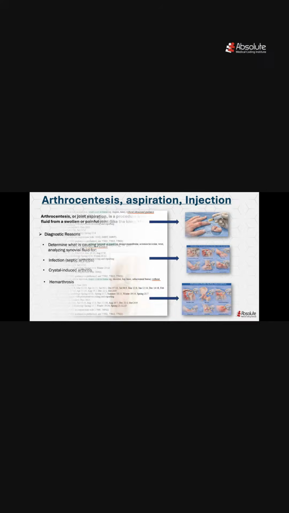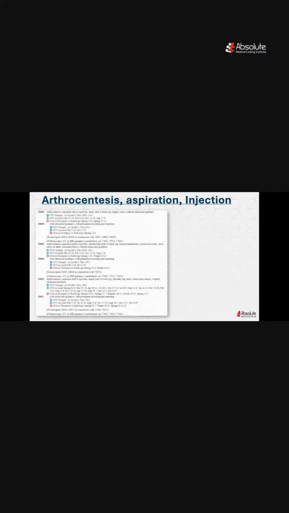And let's have a look into the codes for arthrocentesis. So arthrocentesis codes are classified based on two things. First is the type of the joint or bursa. So CPT divides the joints into three sections, that is small joints, intermediate joints, and major joints. Second classification is based on whether an ultrasound guidance was used or not.